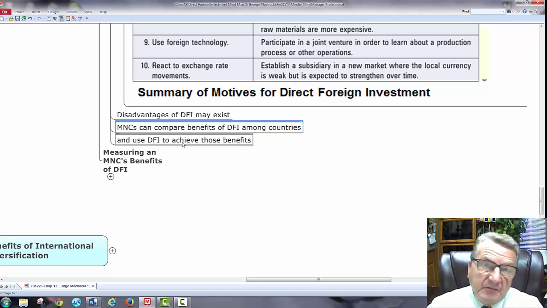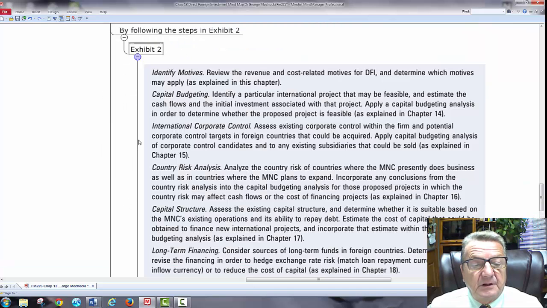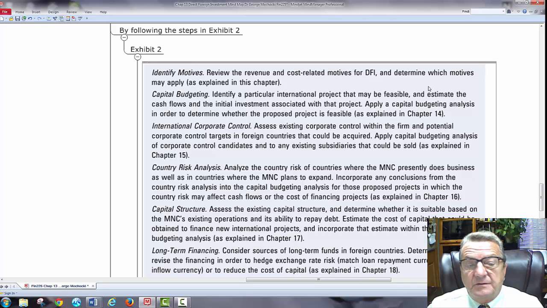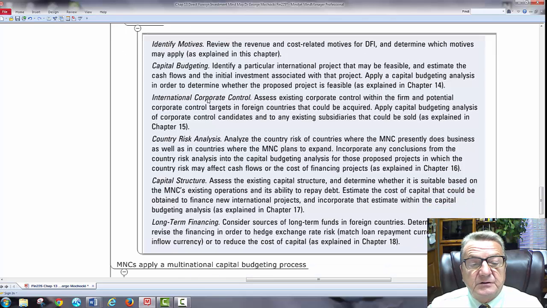Okay, so when I'm looking at different countries, how could I offset one over the other? Measuring the benefits. Now I also have an exhibit on here. Identify the motives, so you could read the capital budgeting, international corporate control. I can control international operations within the firm of potential corporate targets in foreign countries that could be acquired.